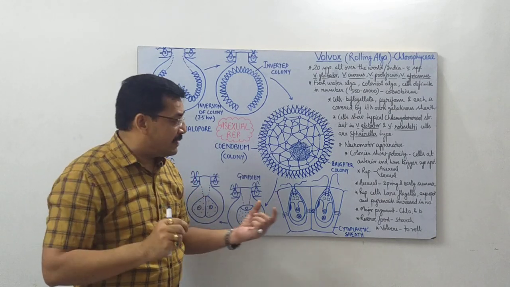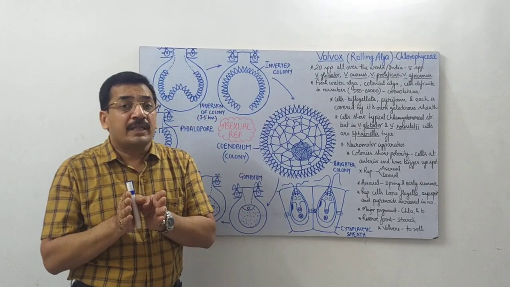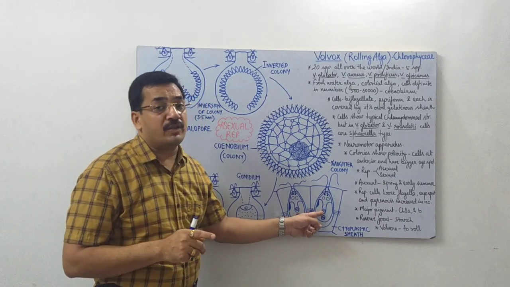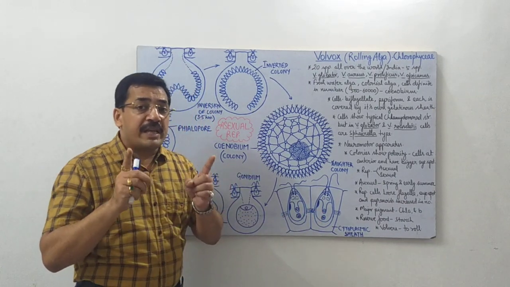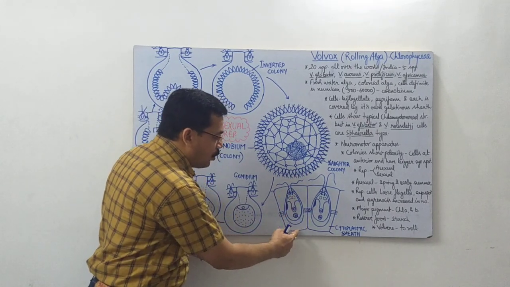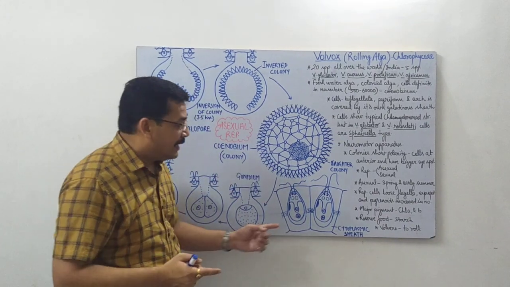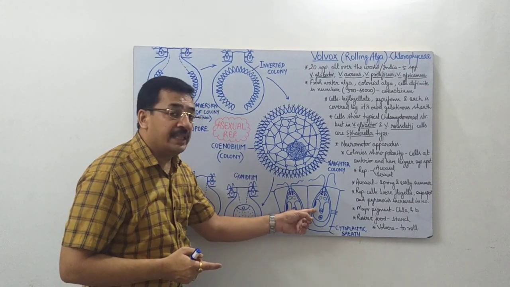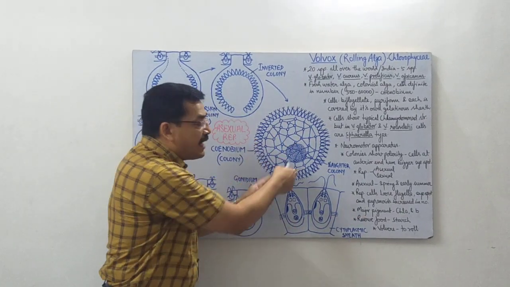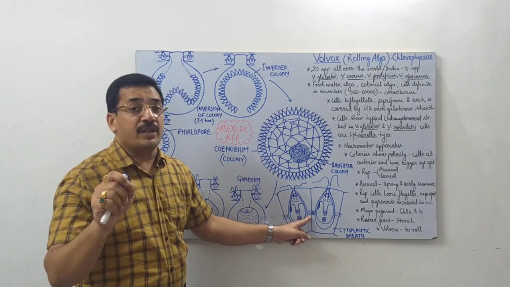As far as its cells are concerned, the cells are eukaryotic and show typical chlamydomonad structure. Each cell of the colony is enveloped by its own cytoplasmic sheath. Moreover, each cell of the colony is connected to its adjacent cells by means of cytoplasmic connections.